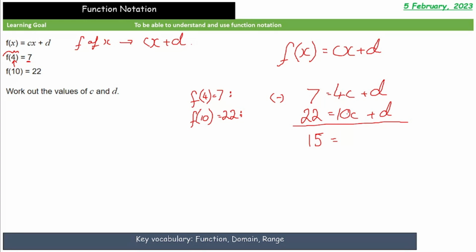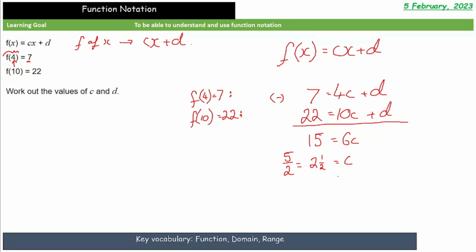You'll have 10c minus 4c is 6c, and our d's will cancel. And therefore our c will be equal to, and it's not a nice number, 2.5. Let's just leave it as 2.5, or we could leave that as 5 over 2 if we want to leave it as a fraction, which might be useful for the other one.